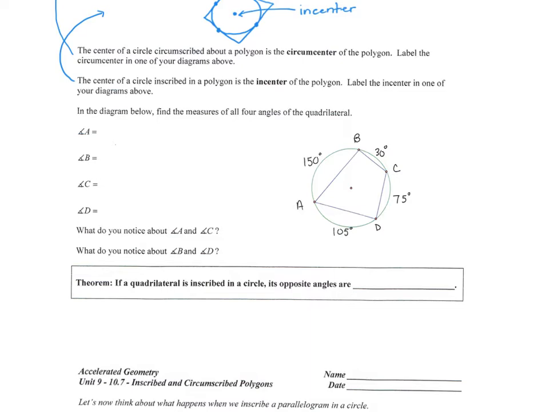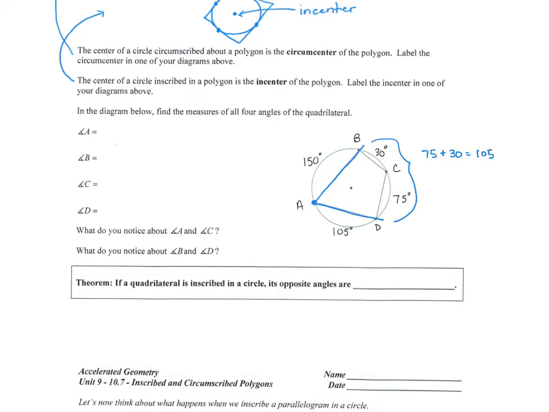If I have the diagram below, and I want to find the measure of angle A. If the quadrilateral is inscribed within the circle, then all of the vertices lie on the circle. So if I want to find the measure of angle A, the vertex is on the circle, and if I follow the sides out to the arc that is intercepted, the intercepted arc is 75 plus 30, which is 105.